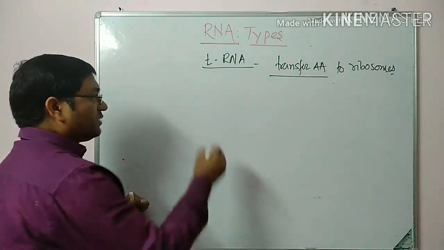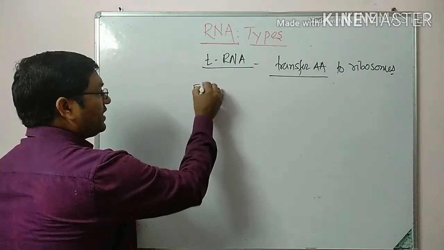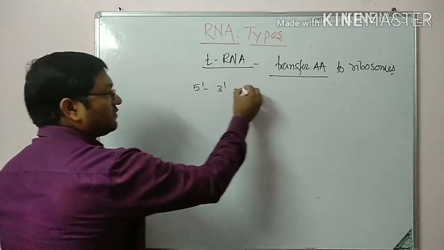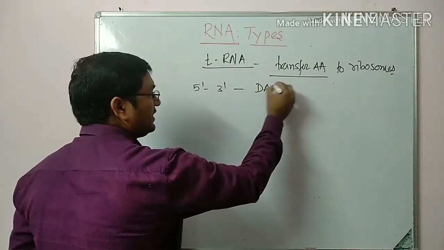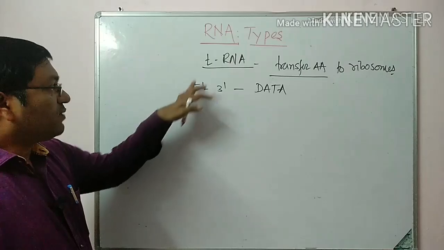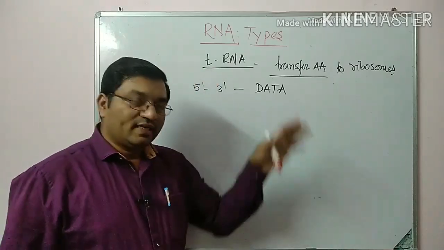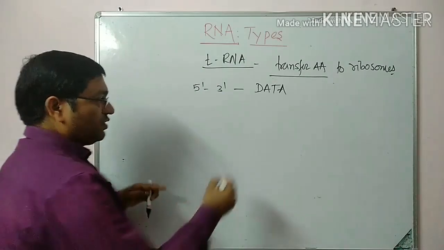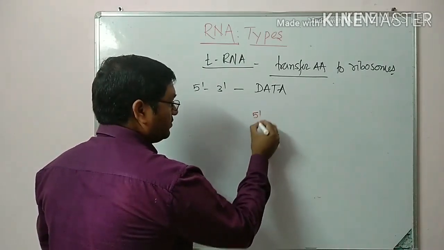In structure, remember it is from the 5 prime end to the 3 prime end. The sequence is DATA. This is the sequence to remember for tRNA structure, DATA. Okay, this is the 5 prime end.